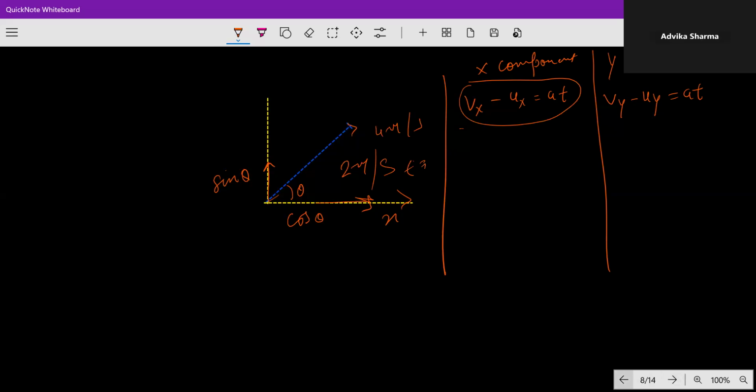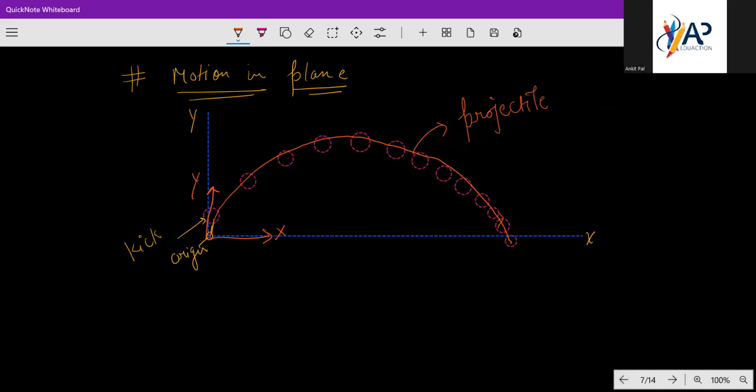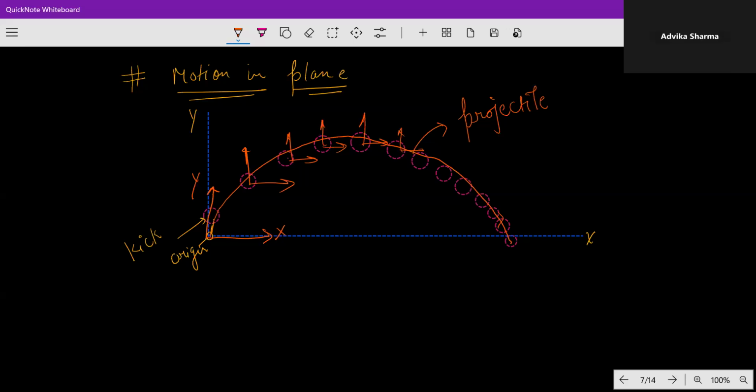Listen, this wall is continuously moving in both directions, x and y, right?